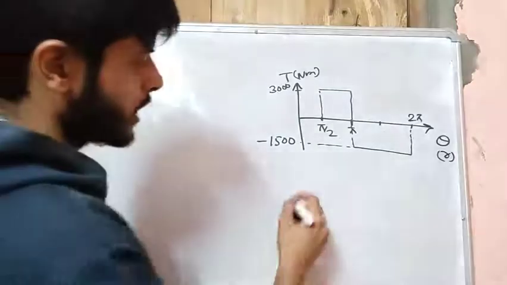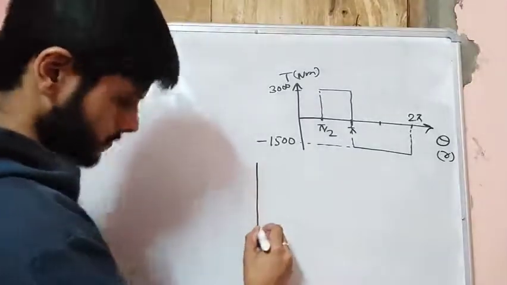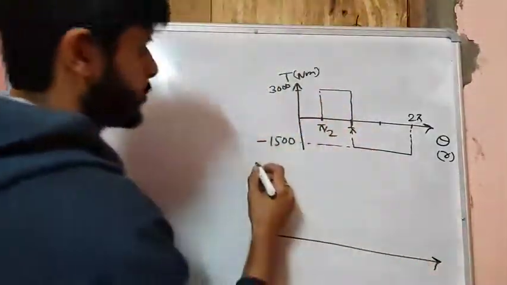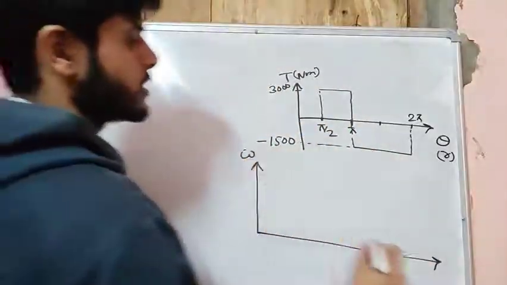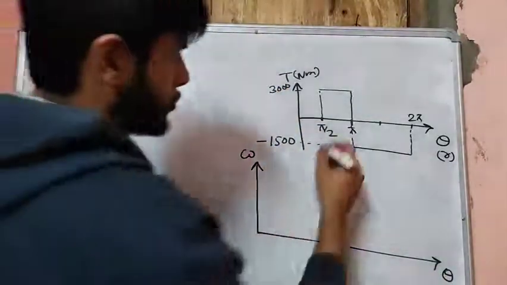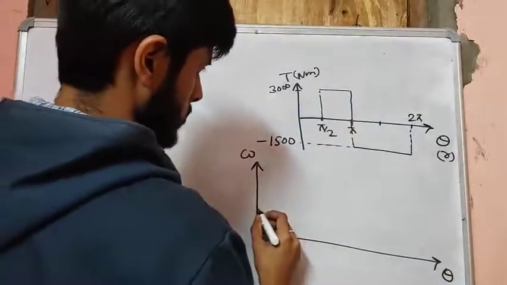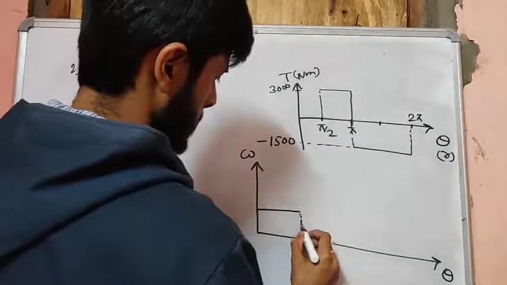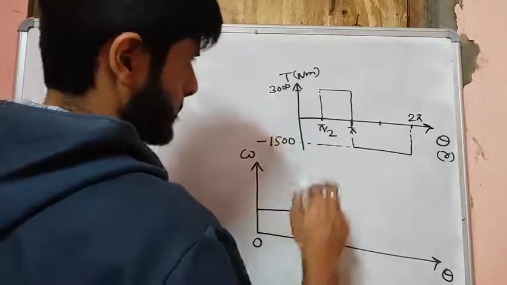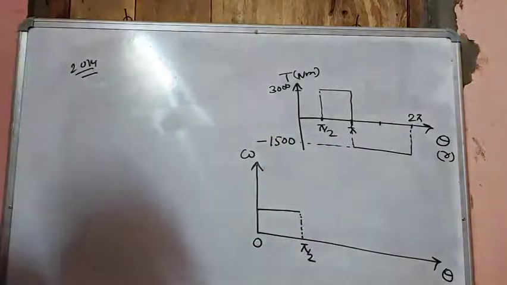We have also the angular velocity diagram given in the question. Angular velocity as a function of theta. So 0 to pi by 2, this is like this. So this is basically a 4-stroke engine which is given.